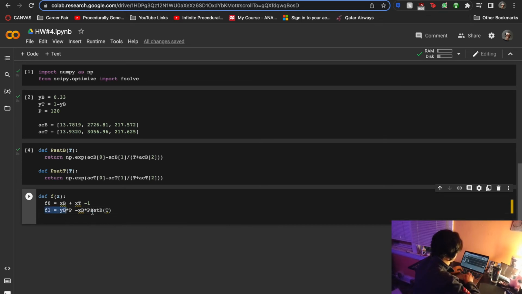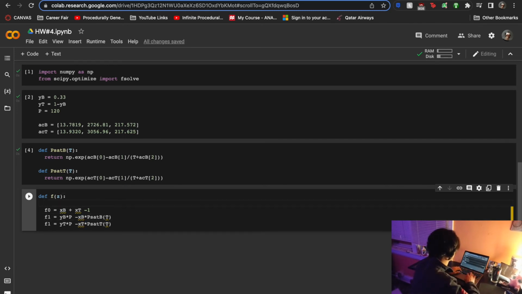Finally, we have our Raoult's law for toluene as well, where we basically only changed the benzene to toluene. So we've got that. Now let's see what we need as inputs. First of all, we need to supply the temperature value, and we then need to supply our guesses for xb and xt.